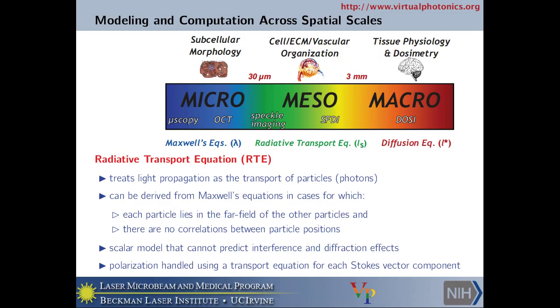Ultimately, when we talk about correlations, the requirement is fairly stringent. They need to be correlations that are ordered and reproducible on spatial scales comparable to the wavelength of light. Your cornea is a classic example. The spacing of your collagen fibrils is very tightly ordered, between 54 and 58 nanometers.